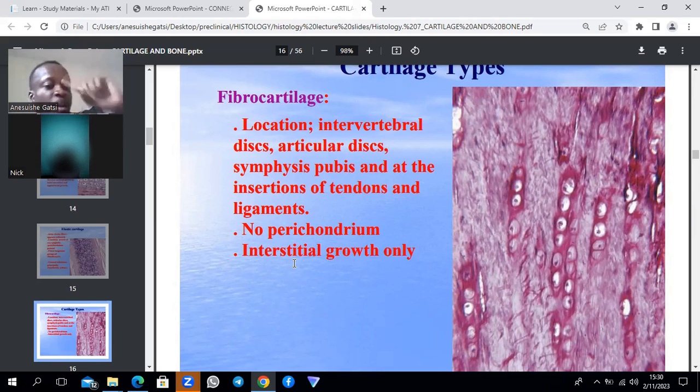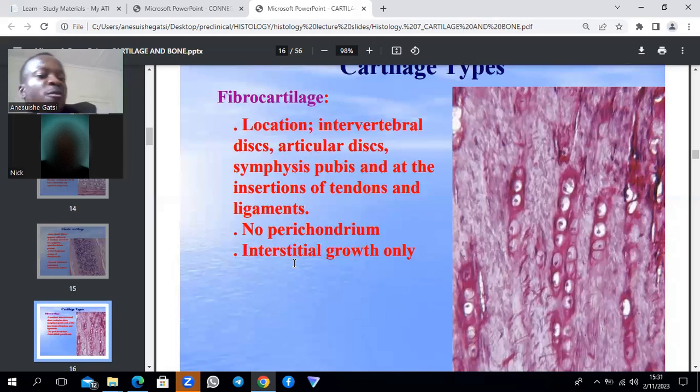So coming back to hyaline cartilage now. Hyaline cartilage, I said it has a perichondrium. But when you go to a joint, for example a synovial joint, we have synovial fluid. Synovial fluid is a filtrate of plasma, meaning the oxygen and the nutrients are there. So you don't need a perichondrium at your articular cartilage.